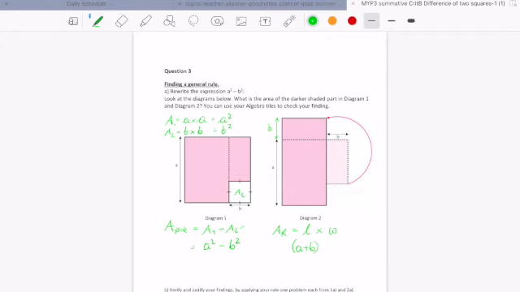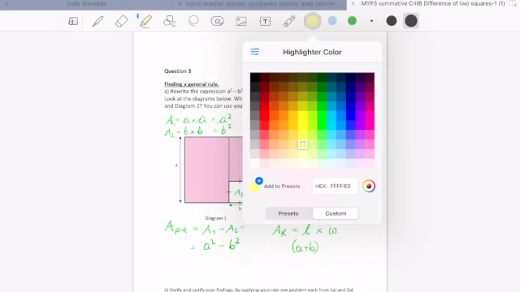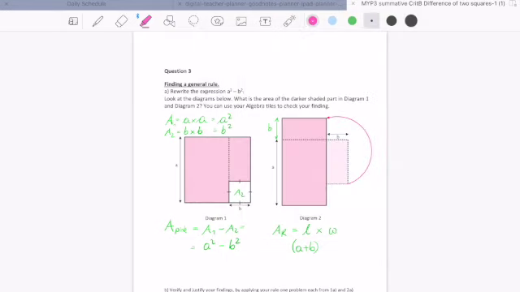Now we need to figure out what the width of this rectangle is. This part here. And that was a bit trickier to find out. So this part here is the same as this part here. I might take a marker and mark this with, let's say, dark pink. Okay, so we're looking here.